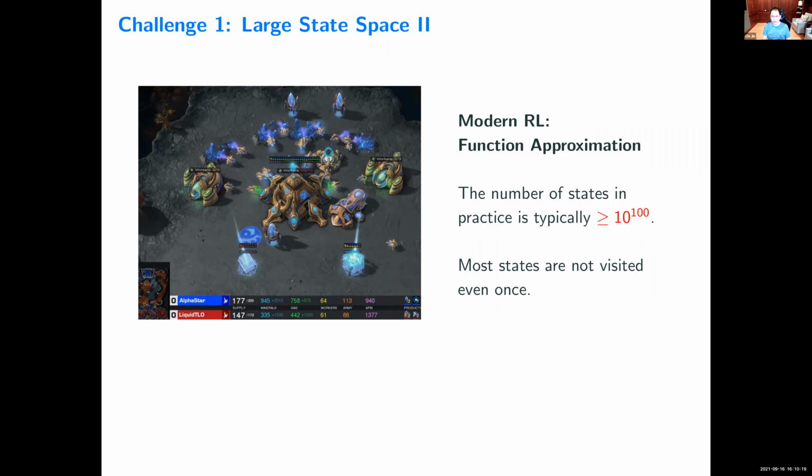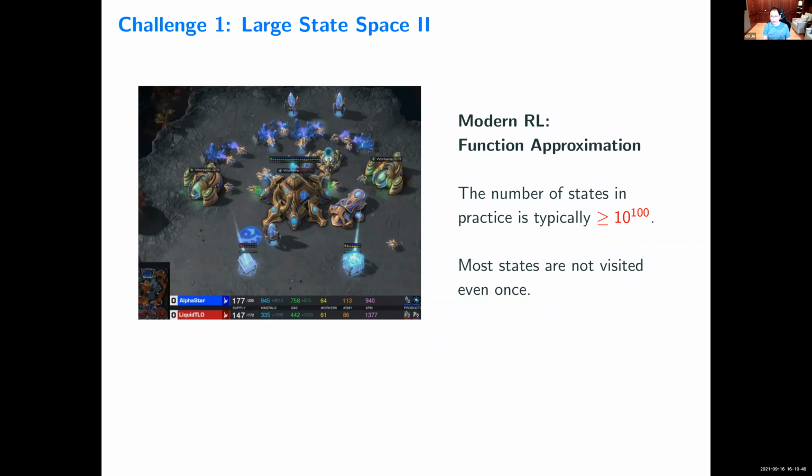However, what happens in practice is not this tabular setting. It's actually the so-called function approximation setting. What does it mean? In a practical problem, for example in StarCraft, each state corresponds to the values of all the pixels. So we have tons of pixels, typically already 1 million pixels, and each pixel can take, for example, at least 20 or 50 different values.